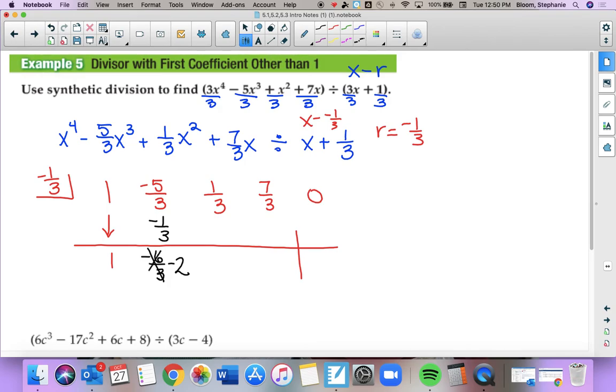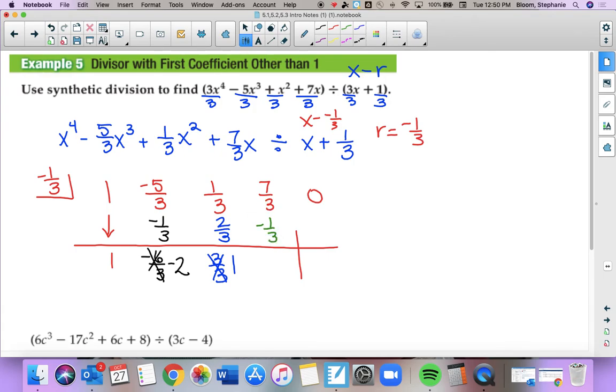Now, what's negative 2 times negative 1/3? 2/3. What's 2/3 times 1/3? I mean plus, sorry, 2/3 plus 1/3. 3/3, which is 1. 1 times negative 1/3. Negative 1/3.